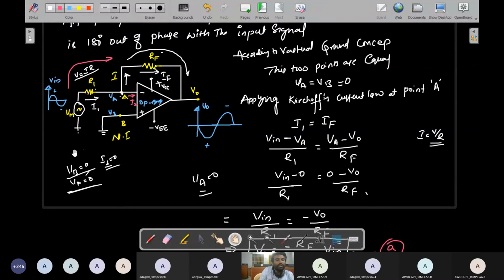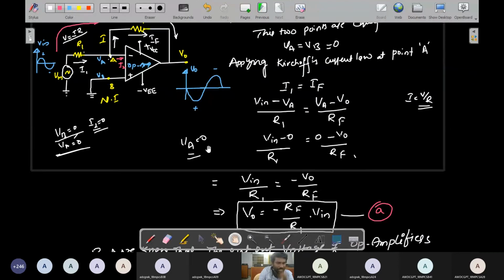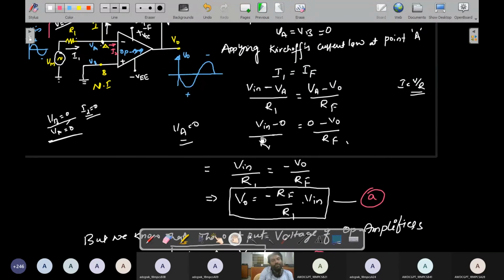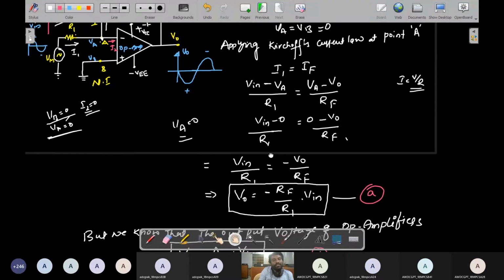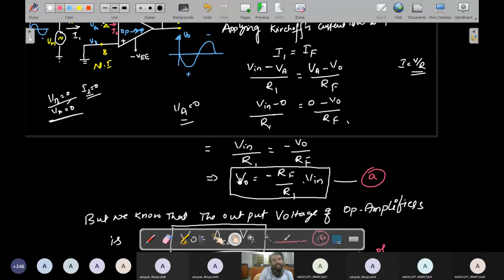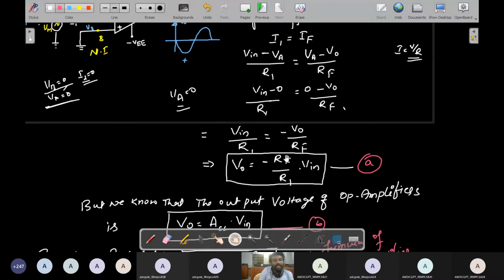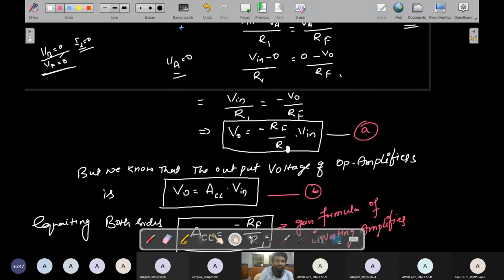But according to the virtual ground concept, these two potentials are equal, so the potential at point A is 0. Substituting 0 in place of VA, Vin minus 0 by R1 is equal to 0 minus V0 by RF. From this equation I rearranged: V0 is equal to minus RF divided by R1 into Vin.